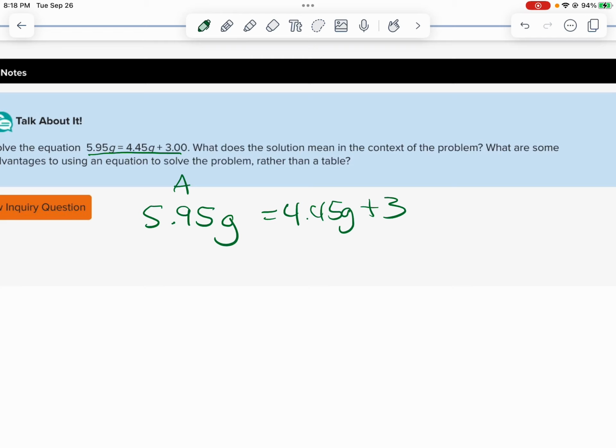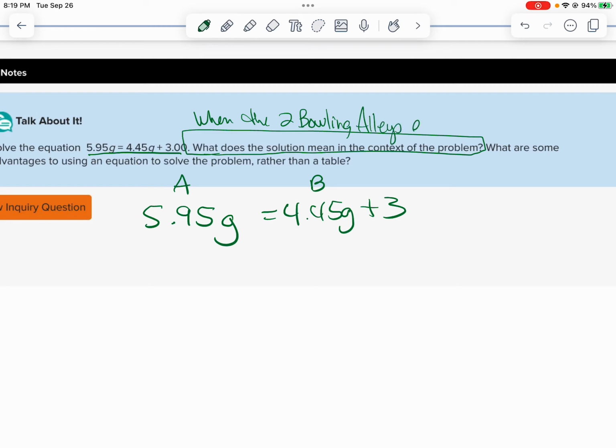This is bowling alley A, and this is bowling alley B. What does the solution mean in the context of the problem? We set them equal to each other, so we want to know when the two bowling alleys equal each other.